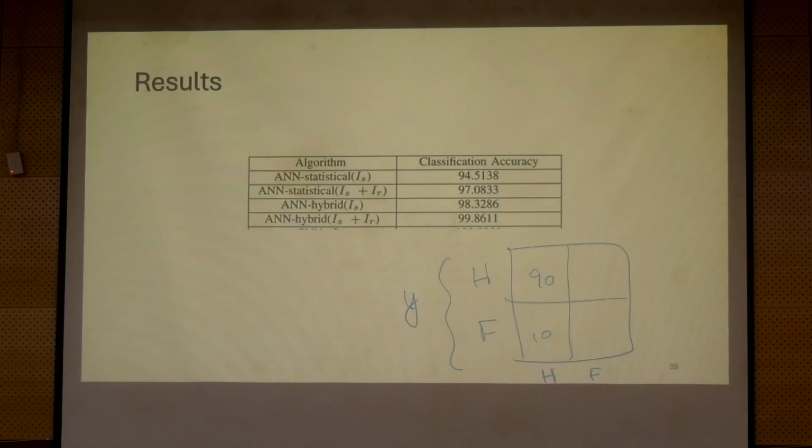So that means 90 times true positive, 10 times true negative. On the other hand, when I throw 100 faulty data into my model, 80 times it gets it right. But 20 times it predicts it as healthy. Okay?